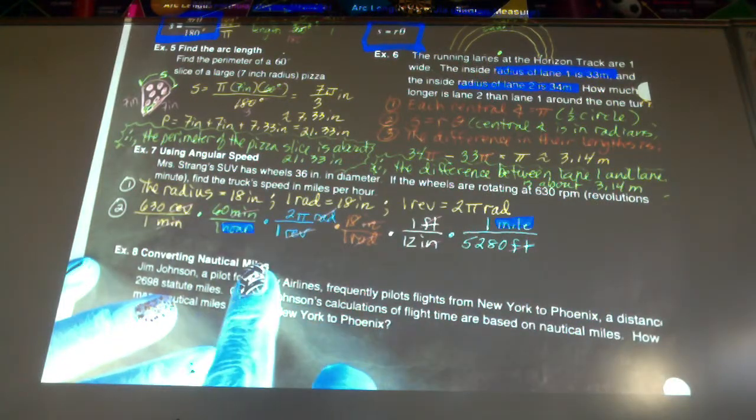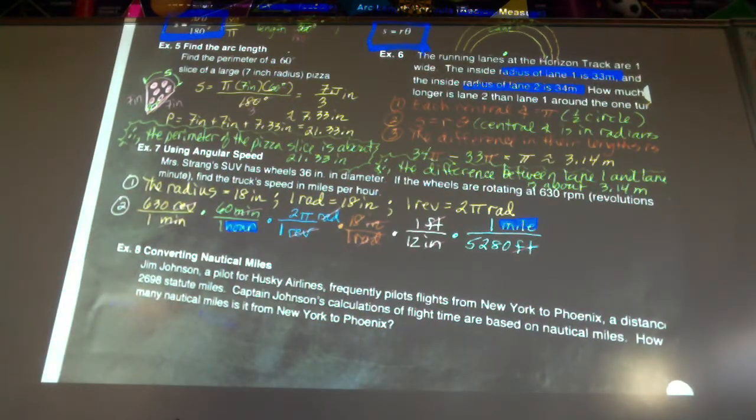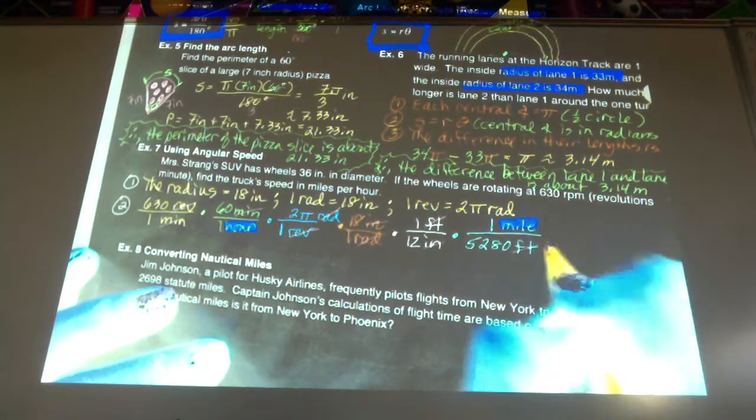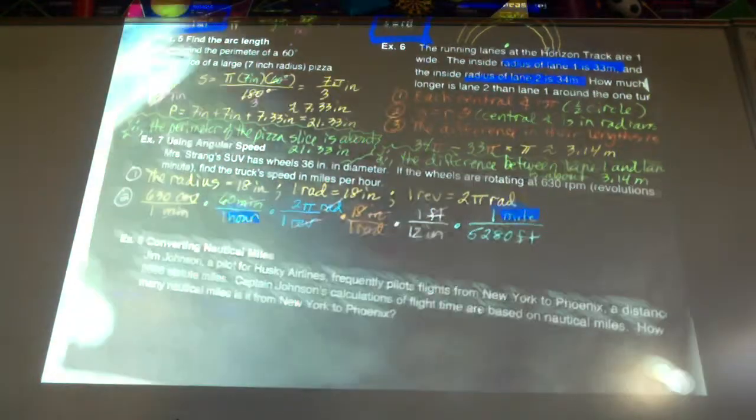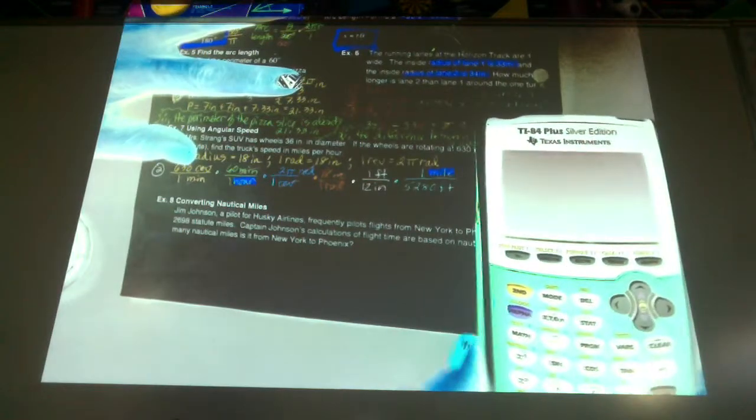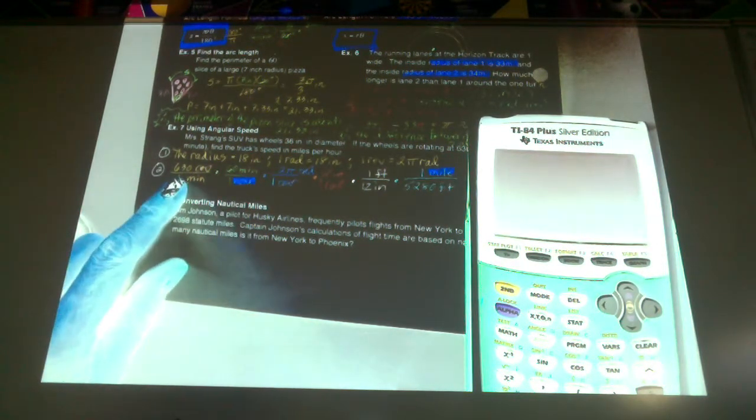So I can stop. Once I've converted the numerator units of measure and my denominator units of measure, I can stop and I can get out my handy dandy calculator and just go through the multiplication. So do the numerator separately from the denominator. I know it's hard to read the red, but hopefully you put it on your paper.